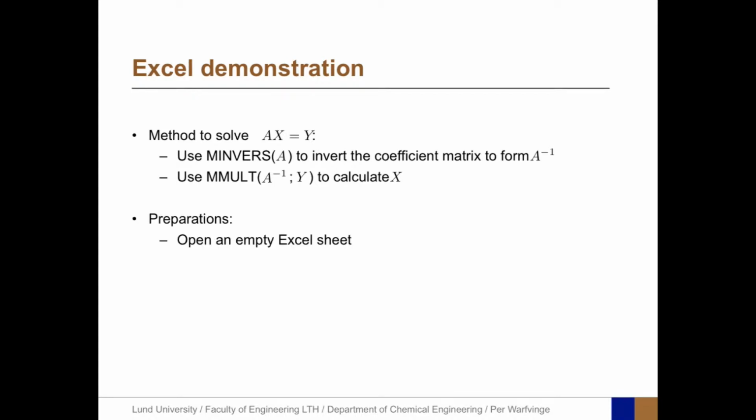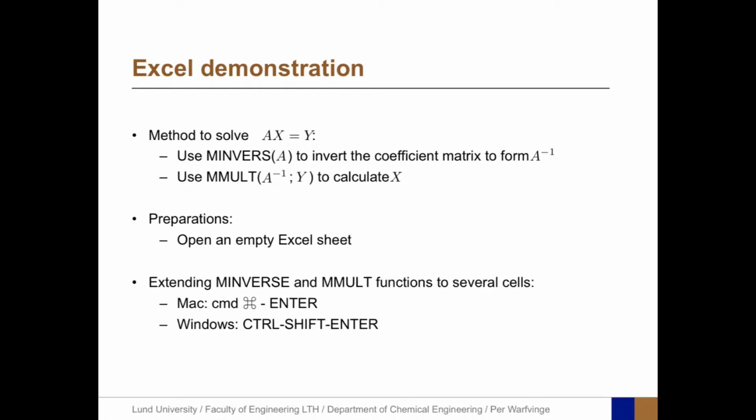So the first thing we need to do is to open an empty Excel sheet, and then the second thing we need to know is how to use these MINVERSE and MMULT functions. And I want to stress already now that a keyboard operation we need to do is to use Command Enter on a Mac in order to extend these functions to several cells, and on Windows it's Control Shift Enter that you use. So let's go to Excel.